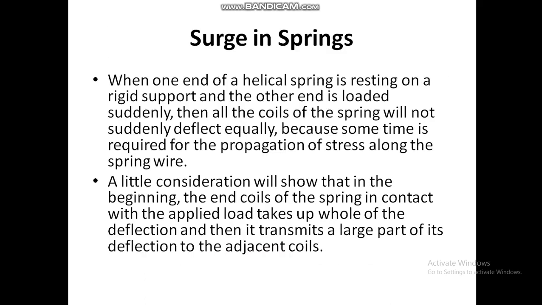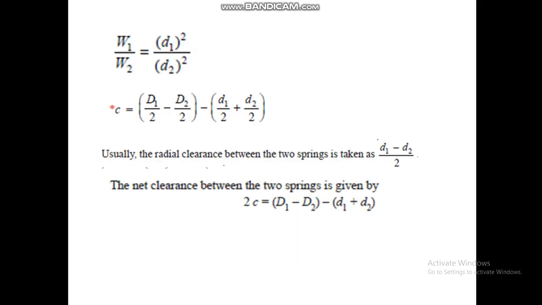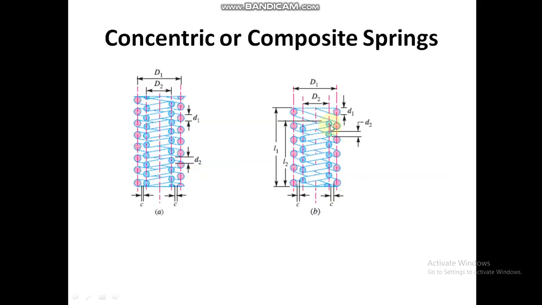So we can vary the natural frequency of the spring. At the center it will have a different natural frequency, at the top it has a different natural frequency. By doing this we can stop the resonance, because resonance occurs when the frequencies become equal. So by changing the frequency of the spring, we can prevent the phenomenon of surge.